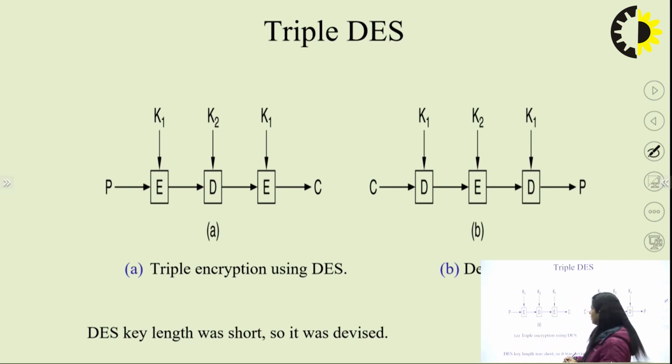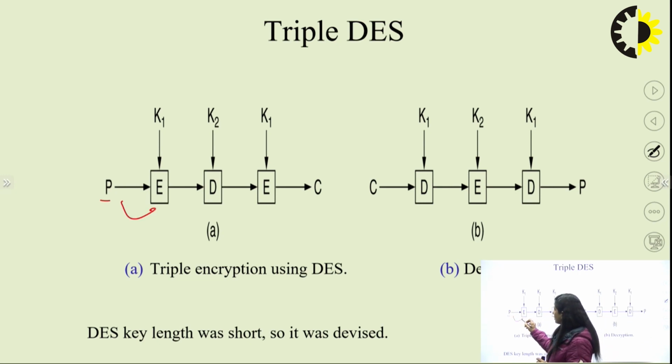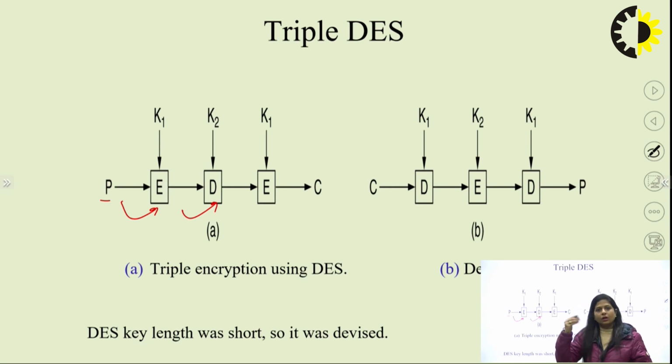Fine. Okay. So plain text is encrypted with the help of K1, then with another key, say K2, it is getting decrypted. Again with the help of K1 it is encrypted.